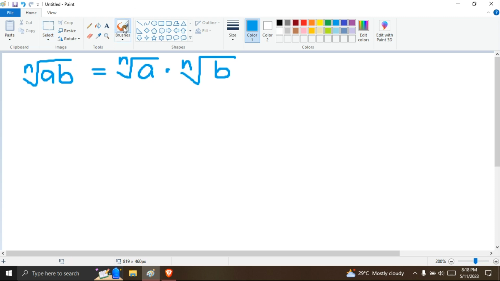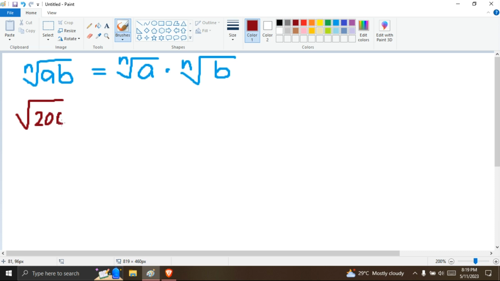You factor one number in which one of the factors is a perfect number. Let's say it is a square root, you factor the given number so that one factor is a perfect square root. Okay, so let's take for example, let's start with the square root, let's say the square root of 200.